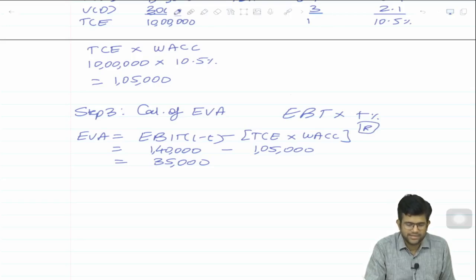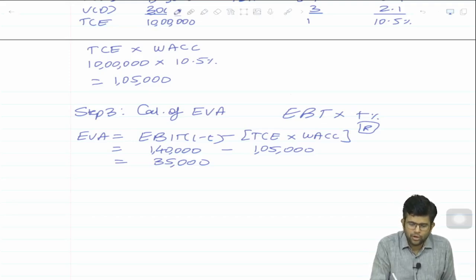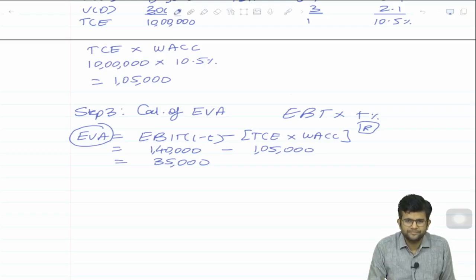No, it is not ICAI. It is made by some person, and he took a copyright on it. So if you are using these three letters EVA, then you have no option but to use this formula. Are you all understanding?